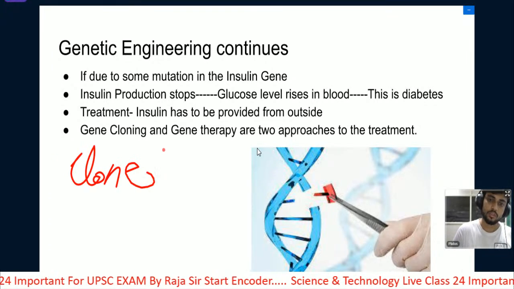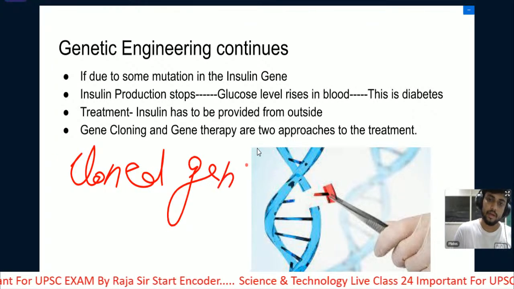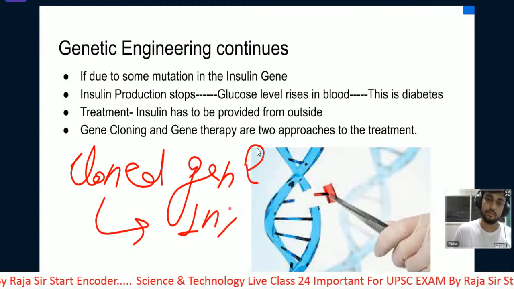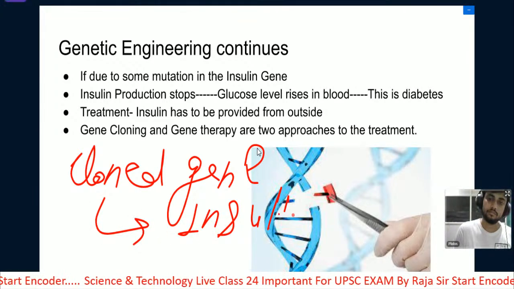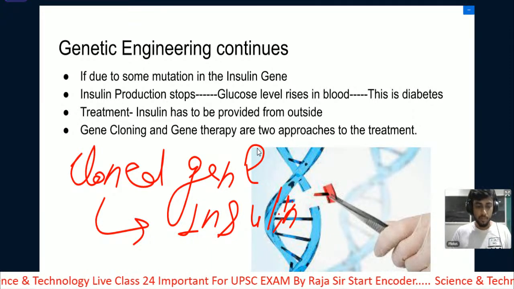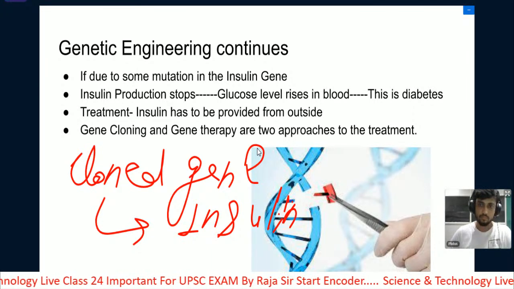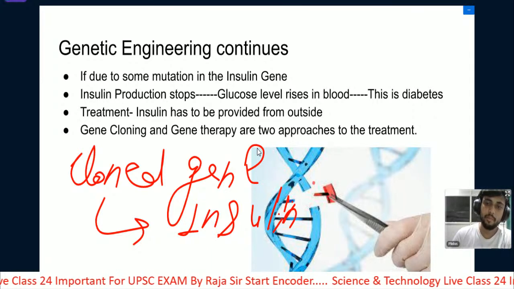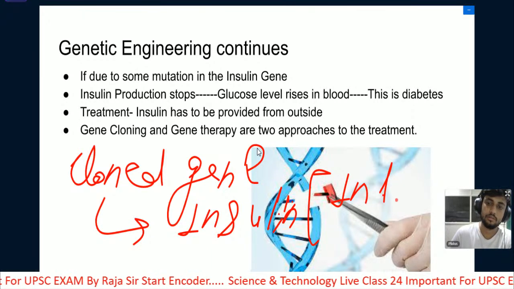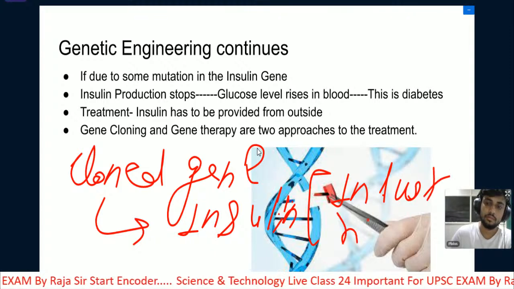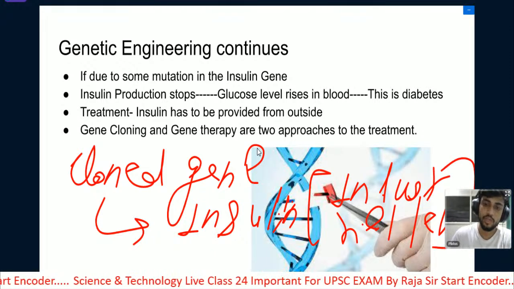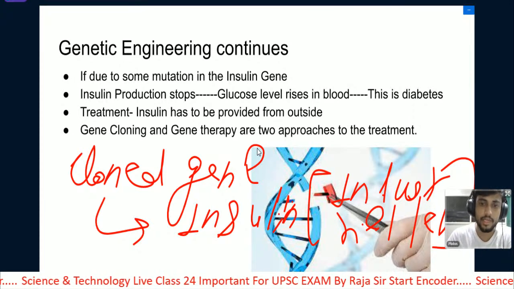This is known as the cloned gene, and from the cloned gene they produce the insulin. And the insulin will be produced at the industrial level through this process.